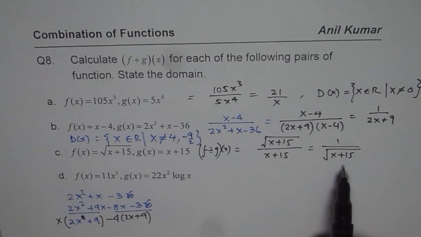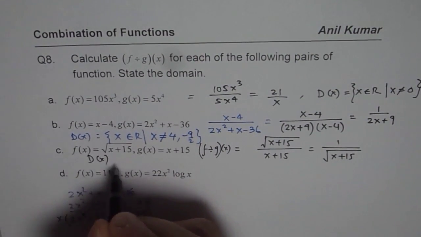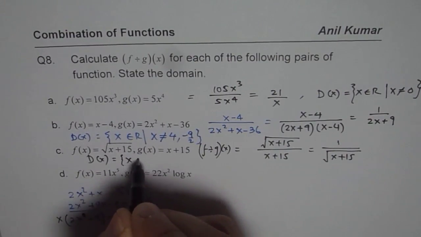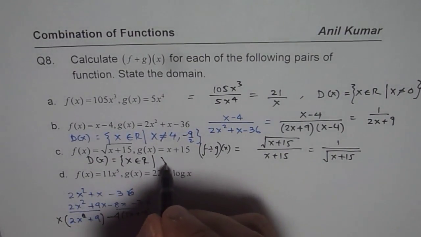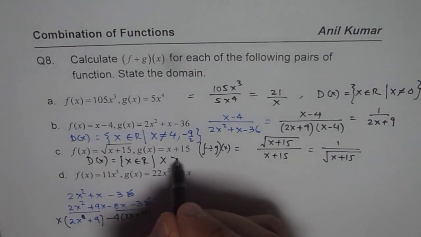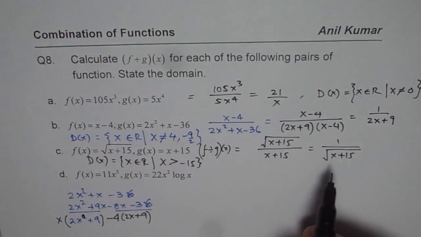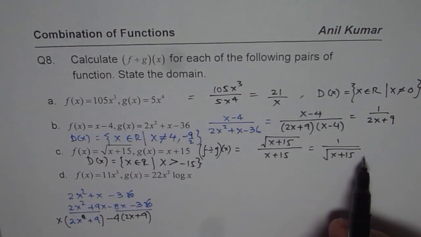Now the denominator cannot be 0 also. So in this case the domain of the function is x belongs to real numbers and x plus 15 should be greater than 0, so x is greater than minus 15, since the denominator should be greater than 0, right?